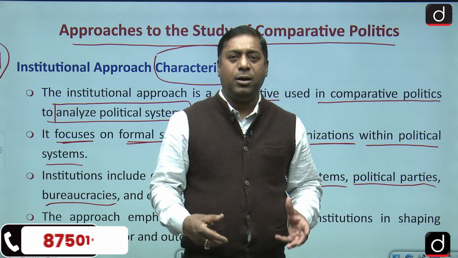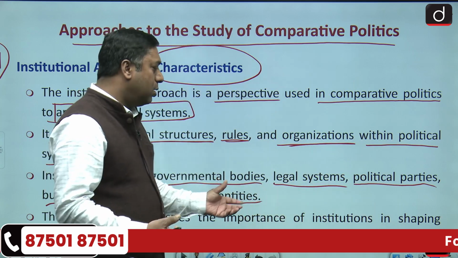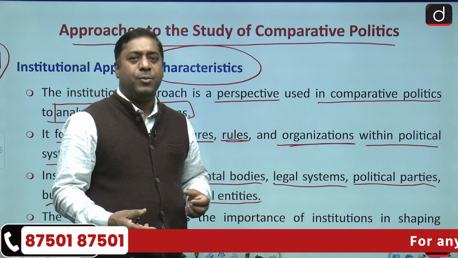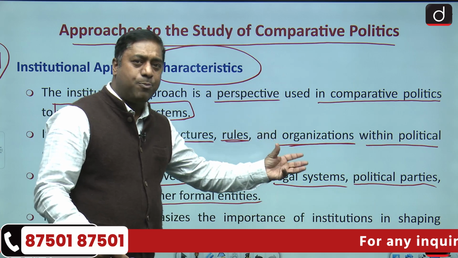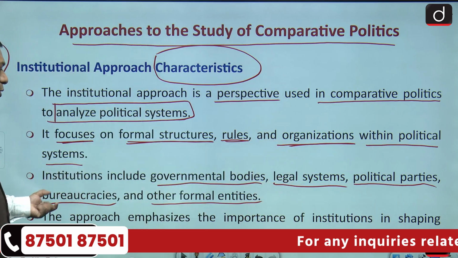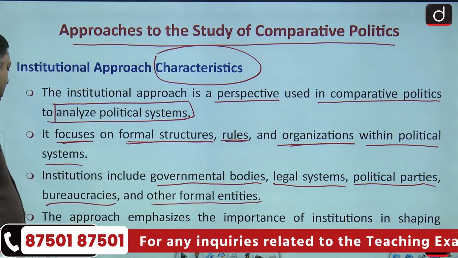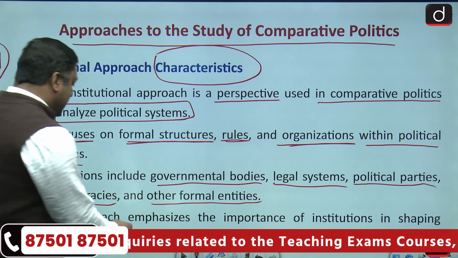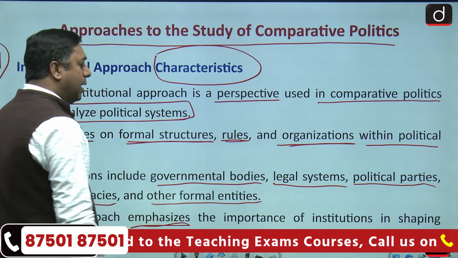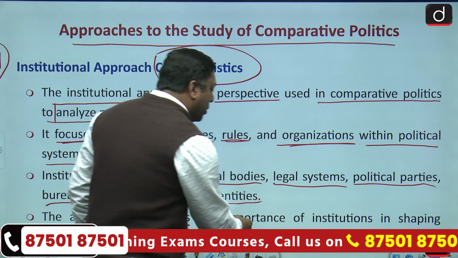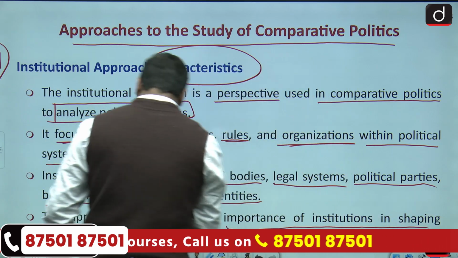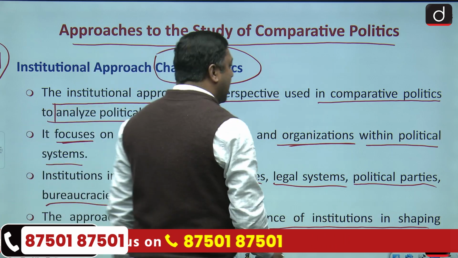Whatever government is there is a political institution, plus the legal system, plus political parties, as well as the bureaucracies and other formal entities. Then the approach lays stress on the importance of institutions in shaping political behavior and outcome.